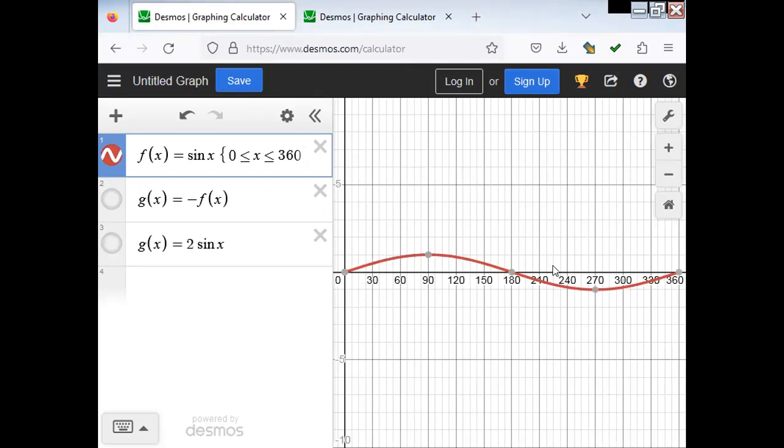And whatever was negative will become positive. All the outputs are being multiplied by a negative sign. So we call this a vertical flip or reflection in the x-axis. So in short, whenever I multiply the output by a negative, that will be a vertical flip or reflection in the x-axis.